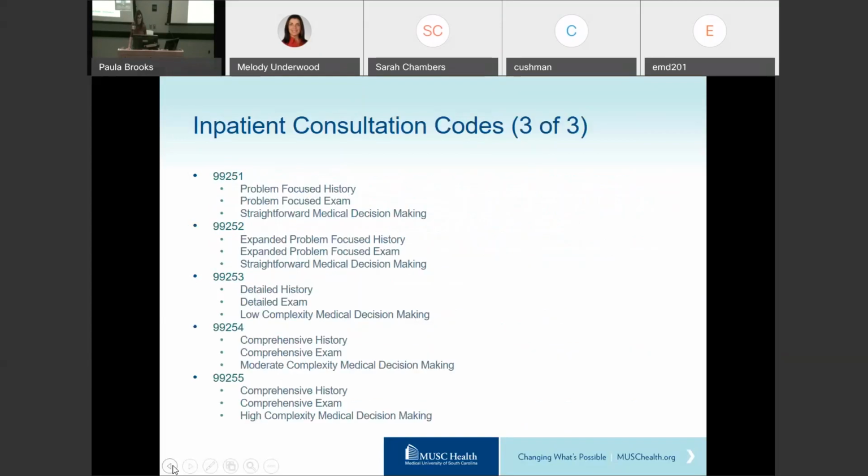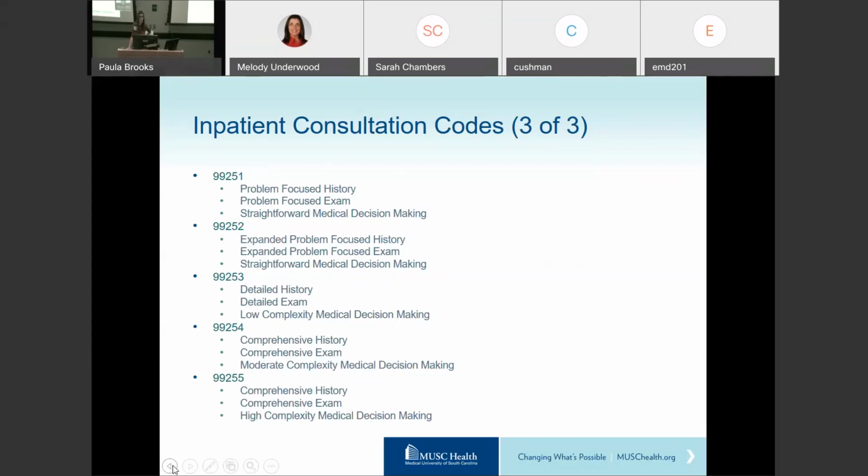So inpatient consultation codes, 99251 through 99255. You need a problem-focused history for the lowest level, the 99251. You need a problem-focused exam. You need straightforward medical decision-making. For 99252, you need an expanded problem-focused history, expanded problem-focused exam, straightforward medical decision-making.